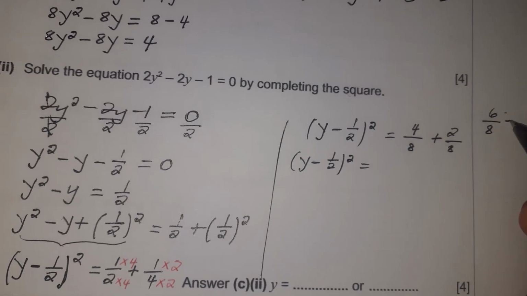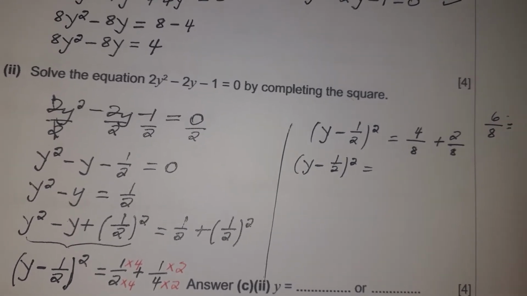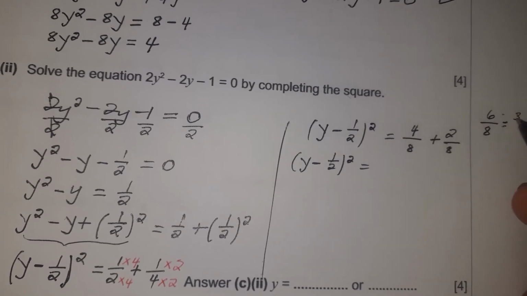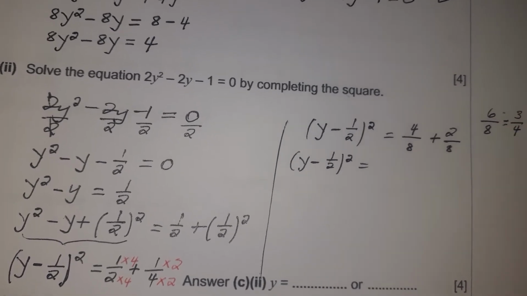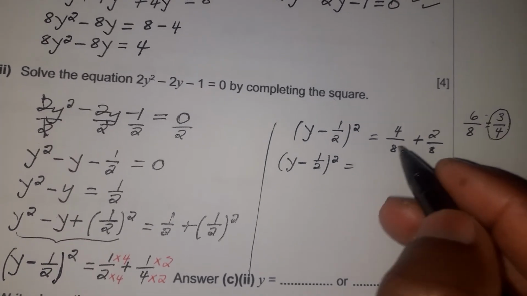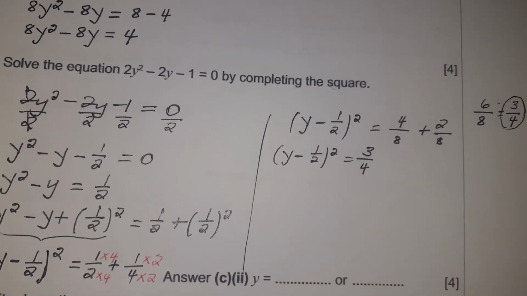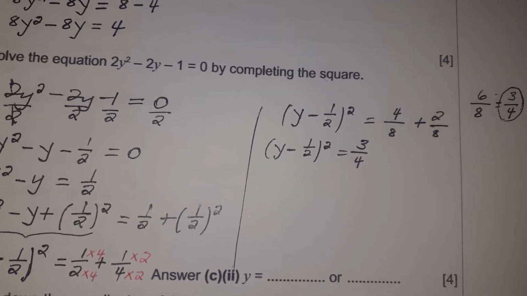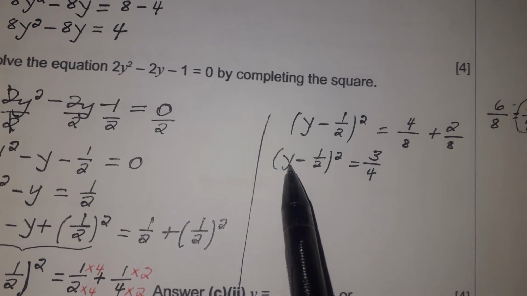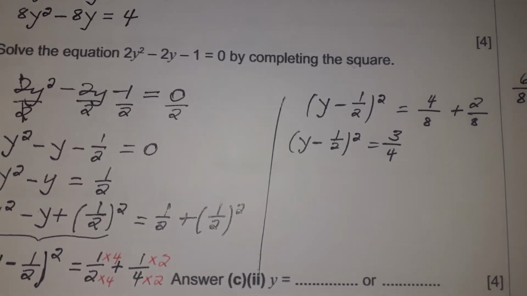Now that can still be simplified: divide both top and bottom by 2, and you get 3 over 4. Therefore this is what I want to write here. Then you're going to have 3 over 4. We want to solve for y, that is the aim, by completing the square.